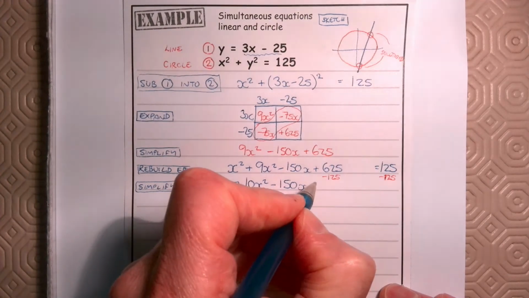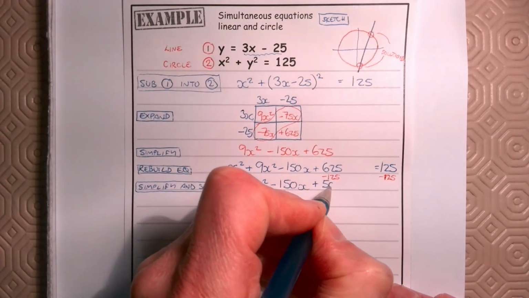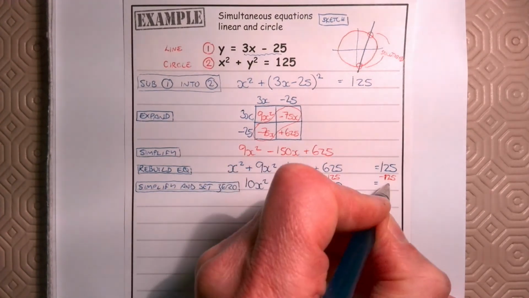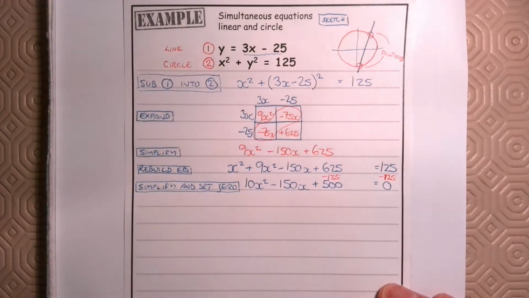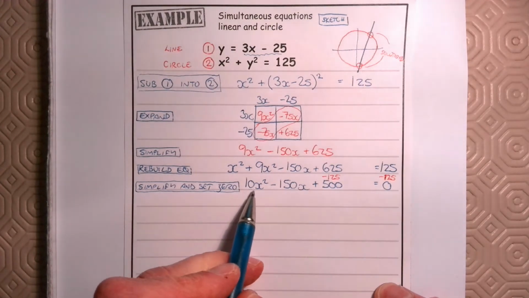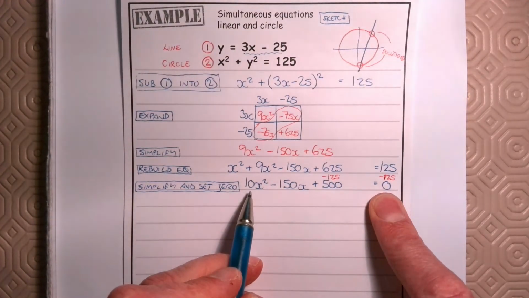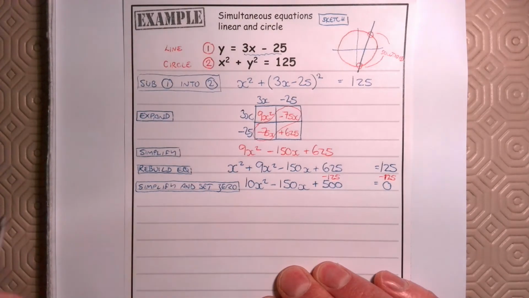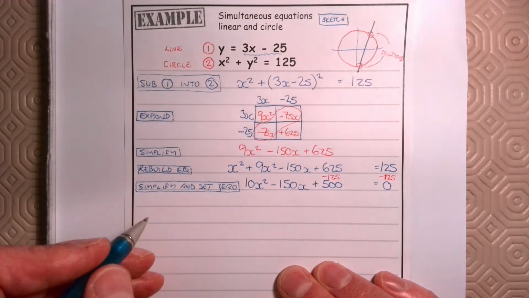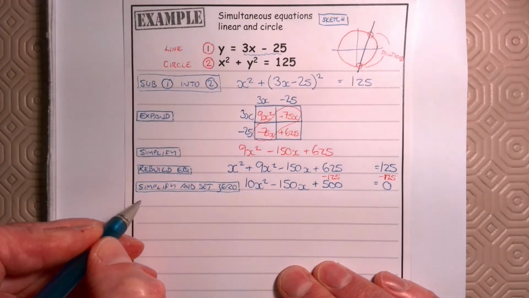So now I'm going to have plus 500. Now that is equal to 0. So now this is looking like a quadratic where the number in front of the x squared is more than 1. We've set it to 0, so we're able to solve the quadratic after we have factorised it. So our next step is going to be factorise.